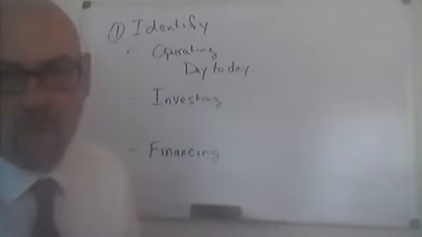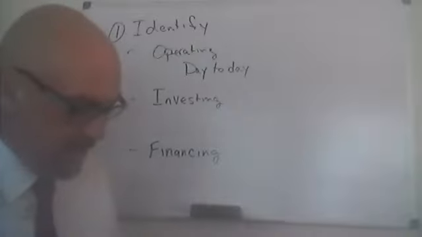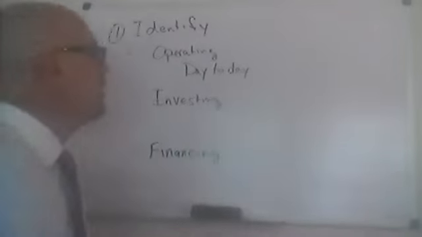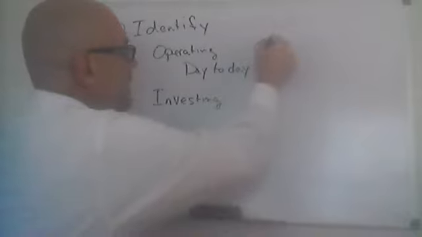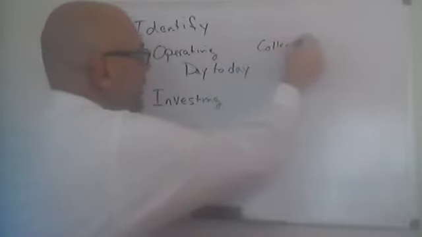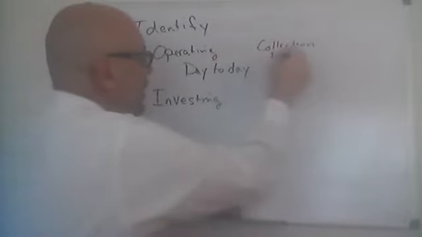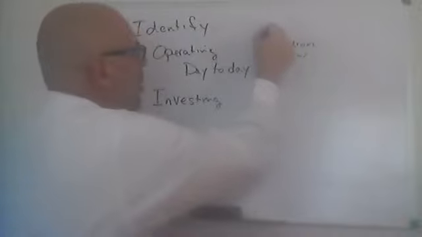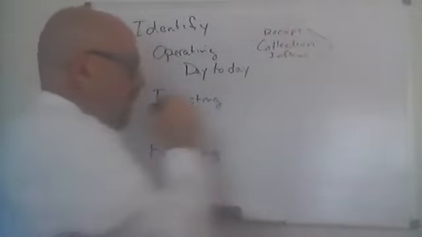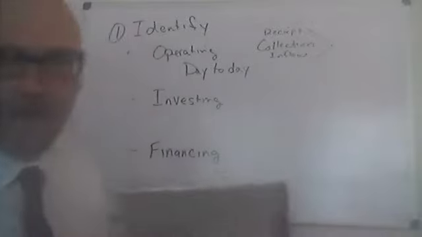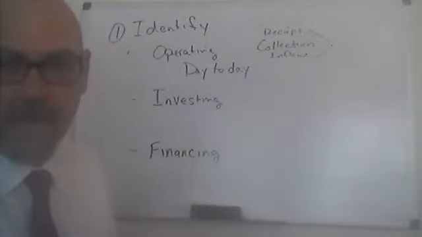Okay, what the company does on a regular basis. So the stuff we're talking about here, if we're going to be in our operating section, we're going to have a collection or an inflow or a receipt. Those all mean the same thing.